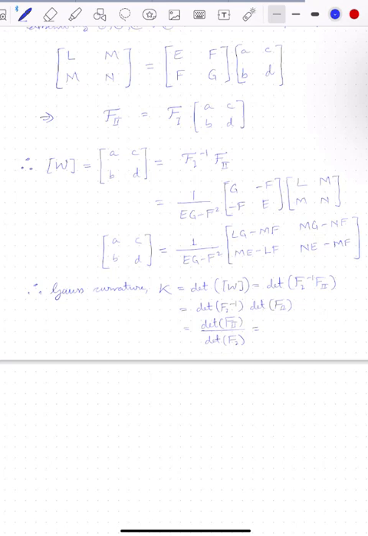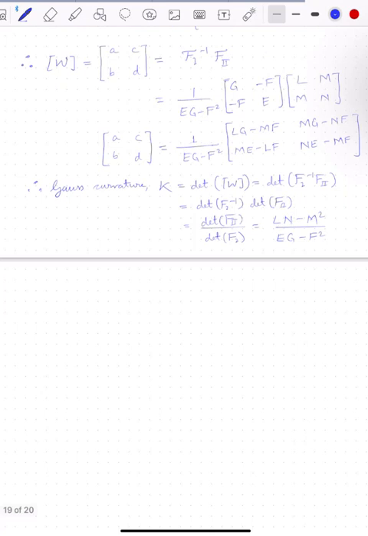And then the determinant is very clear, LN minus M squared by EG minus F squared. Right? So therefore, K, the Gaussian curvature, is LN minus M squared divided by EG minus F squared.